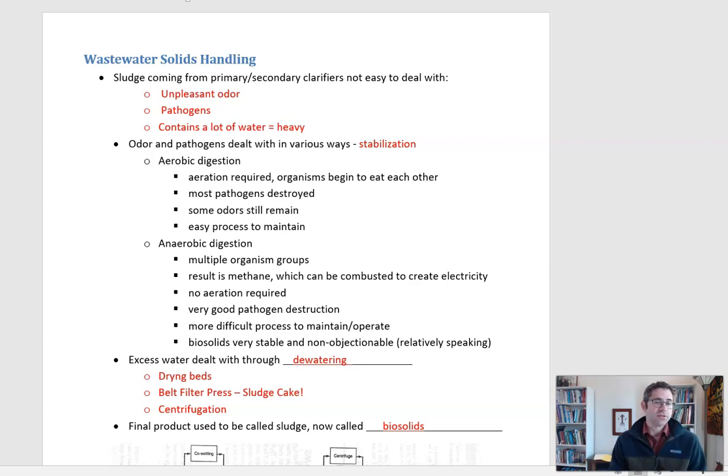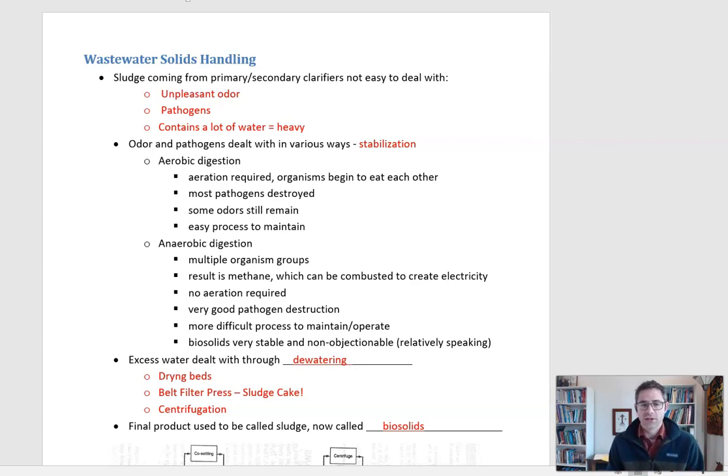And a lot of treatment facilities are becoming completely energy independent because there's enough energy that they can create through anaerobic digestion to power all the processes in the plant. In anaerobic digestion, no aeration is required, so no energy for pumping air.